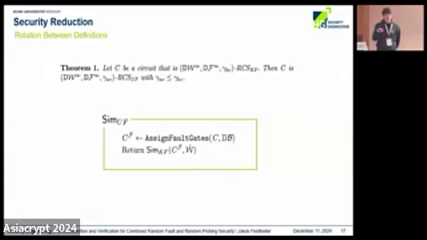For the details of the proofs, I refer you to the paper. However, the intuition is that we can construct a simulator for the unknown fault case by first sampling some faulty circuit out of the distribution of the faults, and then use the simulator for the known fault case.